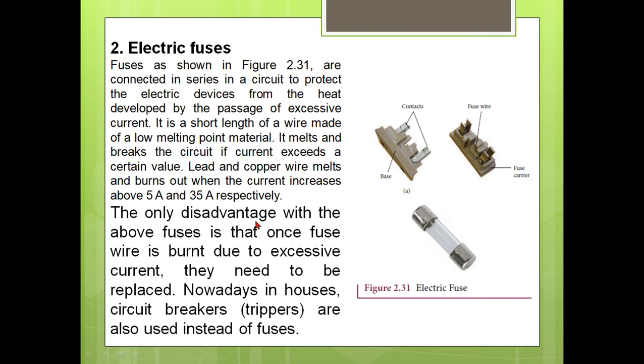So what is the disadvantage of electric fuses? The only disadvantage with the above fuses is that once the fuse wire is burnt due to excessive current, it needs to be replaced. Nowadays in house circuits, circuit breakers or trippers are also used instead of fuses.